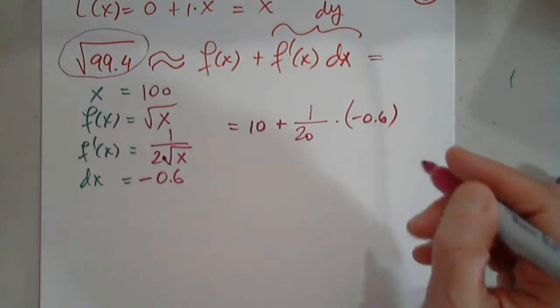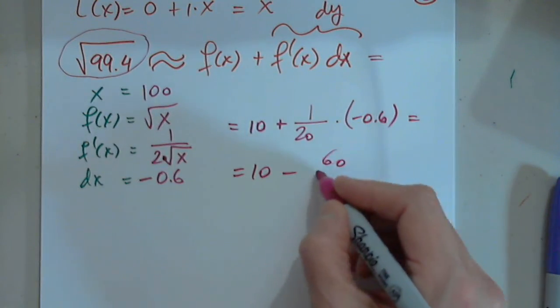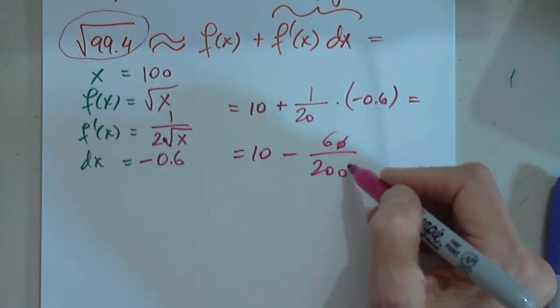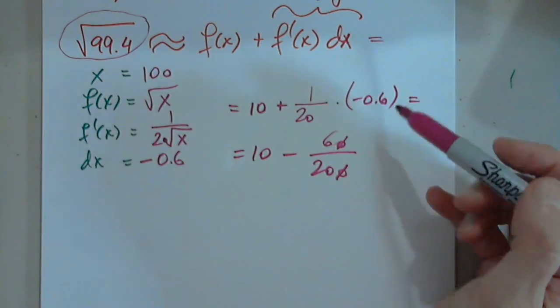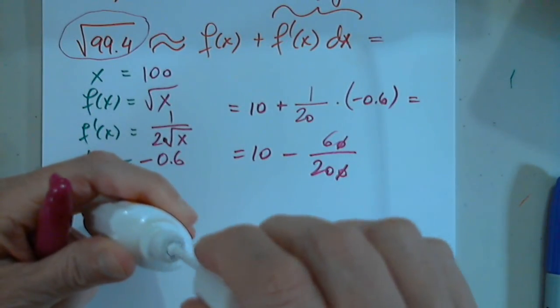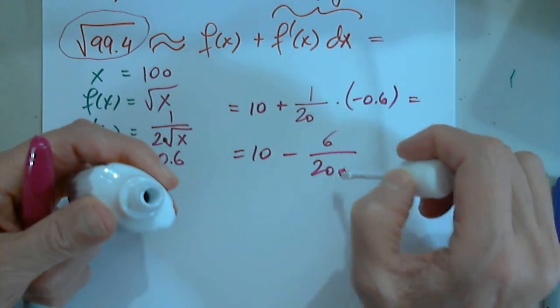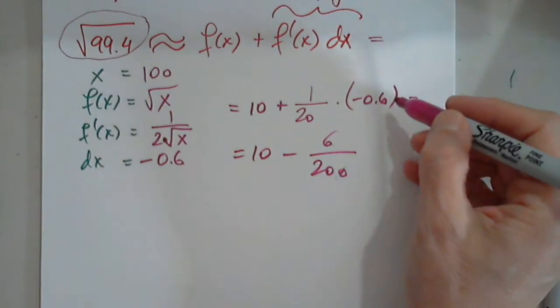And that's it. So then I have 10 minus, I have 60 over 200 because I have to simplify it. I will simplify it again. So I have to multiply by 10. Of course, I multiply by 10 and I get 6.